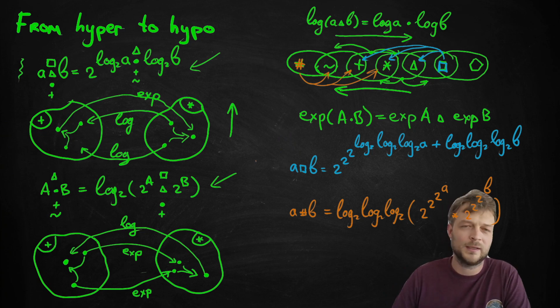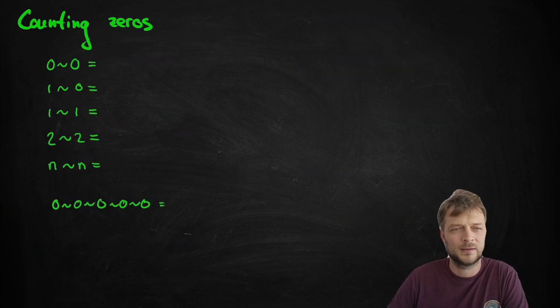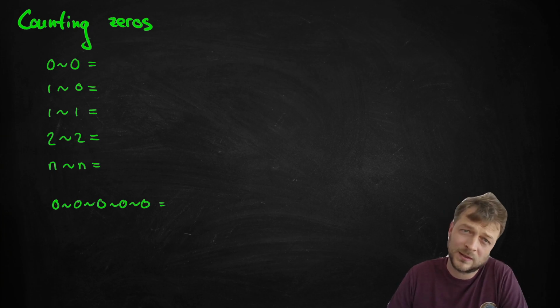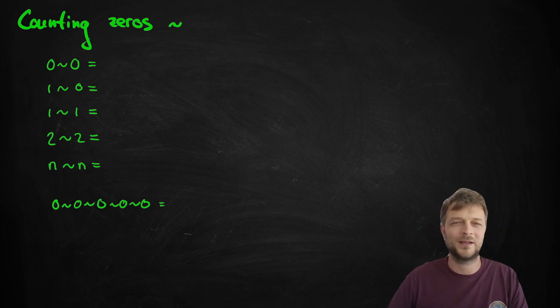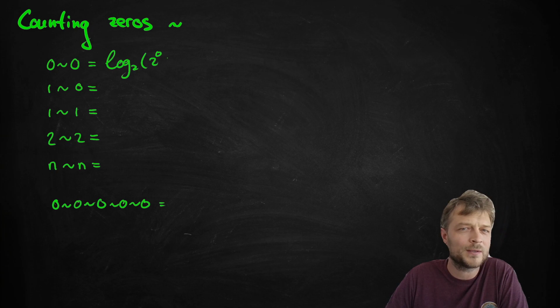Now I think we can go to the next slide. So let's take this operation that precedes plus. It is the tilde operation. Let's do some arithmetic with it. 0 tilde 0 is log 2 of 2 to the power 0 plus 2 to the power 0.